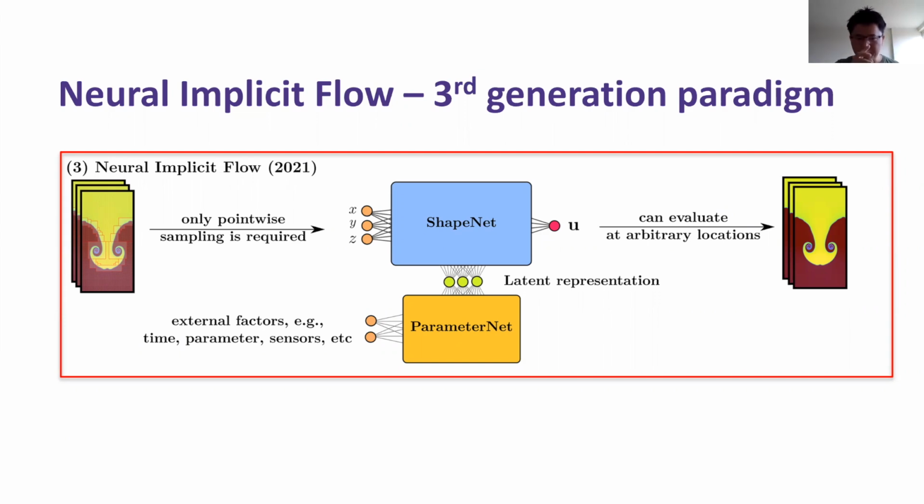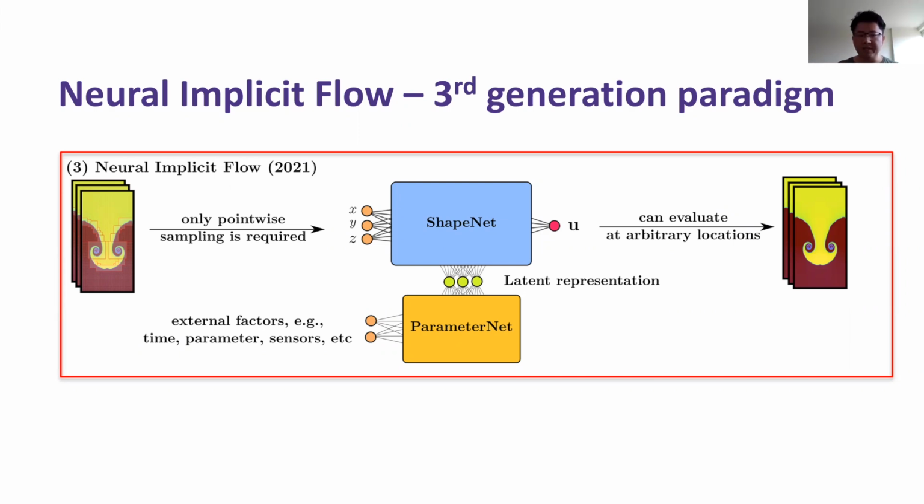Between the ParameterNet and the ShapeNet, you can create a bottleneck type of feed-forward neural network, and the values at the narrowest layer correspond to the latent representation. The final output of the ShapeNet corresponds to your quantity of interest.